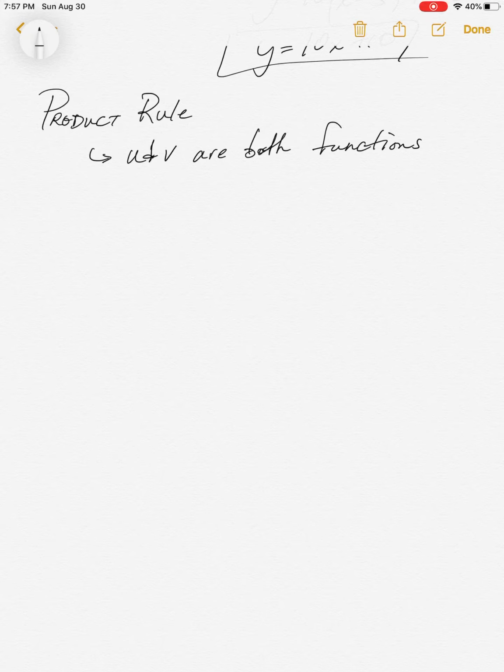So if we want to find the derivative with respect to x of u times v, product rule, here you go.